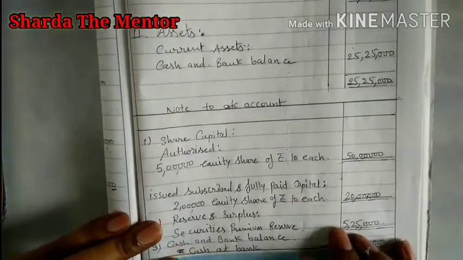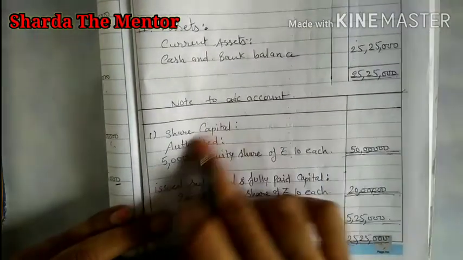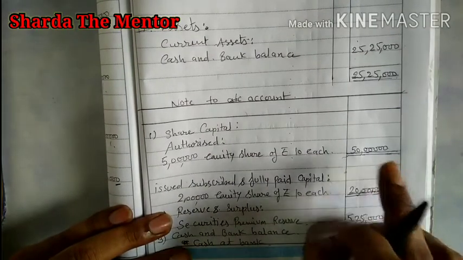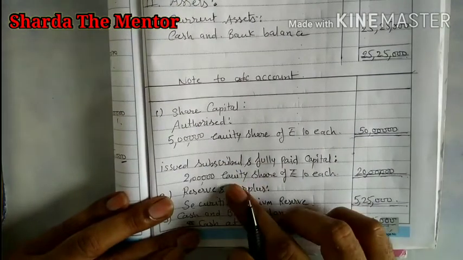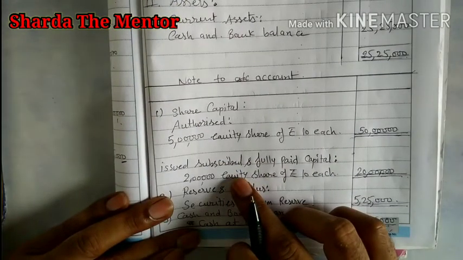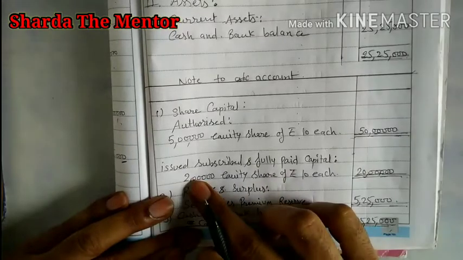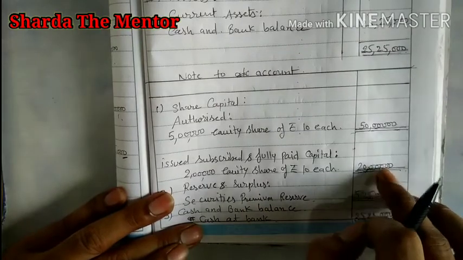Again I am repeating all the things related to the balance sheet. First you have to prepare the note to account. Here 5 lakh equity shares of 10 each, so total 50 lakh rupees, but that need not be mentioned in the balance sheet. After that, how much we have issued, subscribed and fully paid up, that we have to mention here. So here in the question, whatever we issued, the total is 20 lakh.